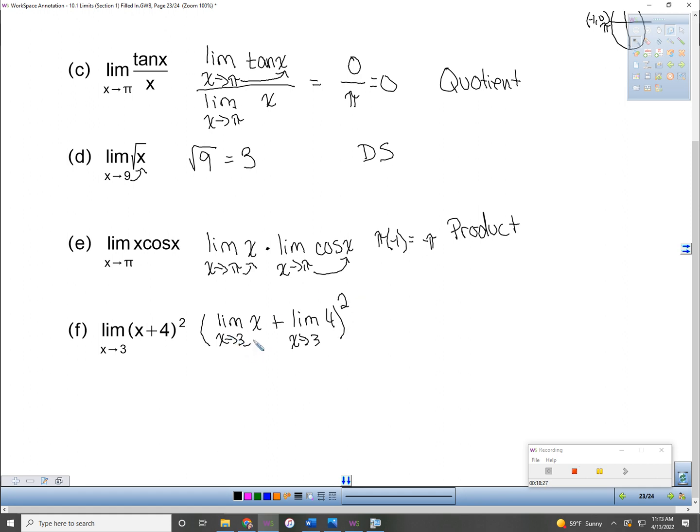So if I plug in here, remember the limit of x, all you do is plug in. So I get 3. If I take the limit of just a number, I get just that number, and then I'll square this. So 4 plus 3 is 7, squared is 49. So the limit would be 49.